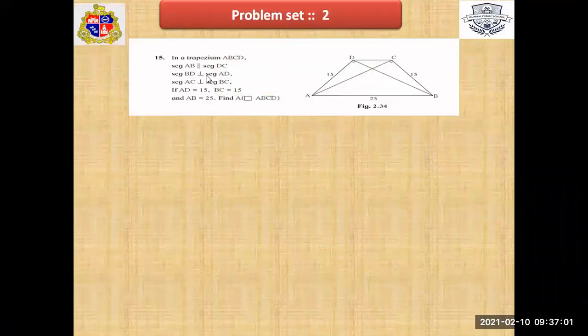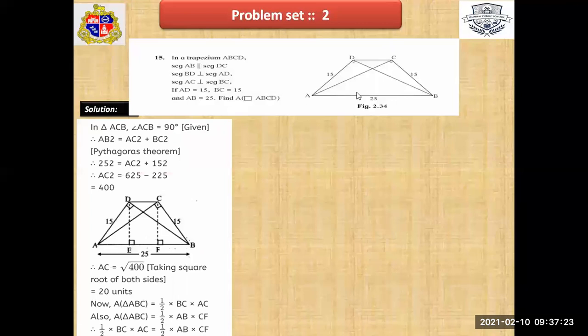Last question. In a trapezium ABCD, AB is parallel to DC. BD is perpendicular to side AD, and AC is perpendicular to BC. AD is given as 15, BC is 15, AB is 25. Find the area of triangle ABC. This is a 4-mark question.